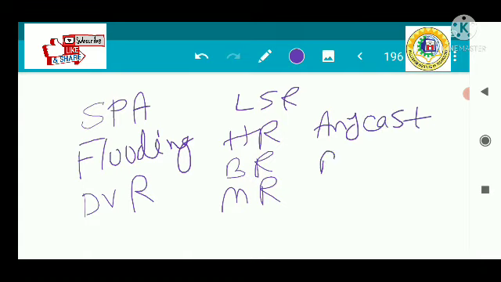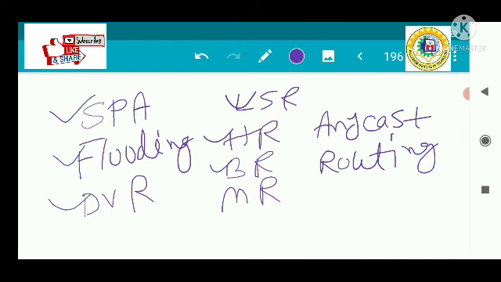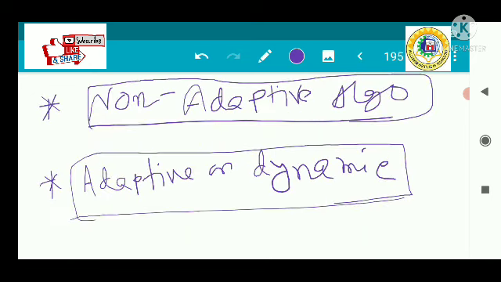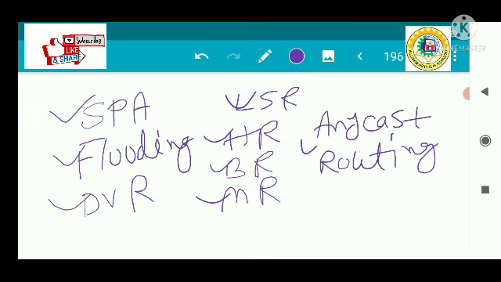We will discuss the meaning of the non-adaptive algorithm and the adaptive or dynamic algorithm, and also try to discuss some of the important algorithms from there. These are the different algorithms associated with routing. Okay, thank you.